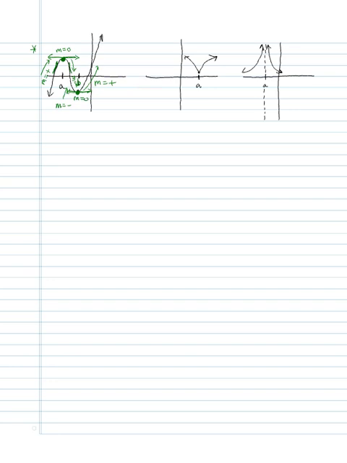Now here's what I'm wanting you to get out of that. When we change from a positive to a negative slope, we go through a slope of 0. When we change from a negative to a positive slope, we went through a slope of 0, that peak.